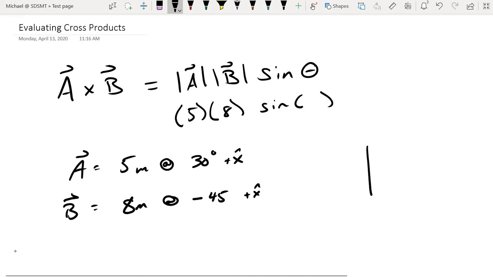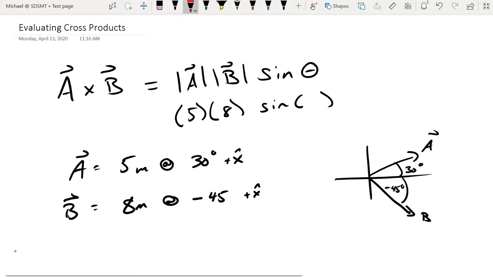And so just a quick sketch here, vector A, vector B. Vector A and vector B would have a combined angle separation of 75 degrees.